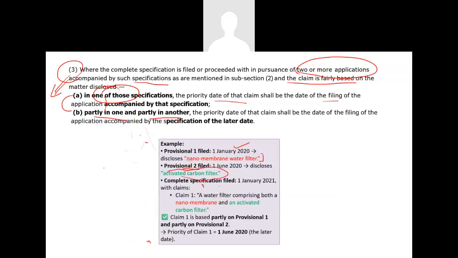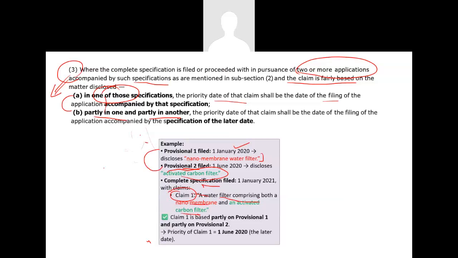In the complete specification, when it was filed, only one claim was listed. This claim 1 was the combination of provisional application 1 subject matter and the subject matter which was disclosed in provisional 2. So this is how claim 1 is written: a water filter comprising both a nanomembrane and the activated carbon filter.